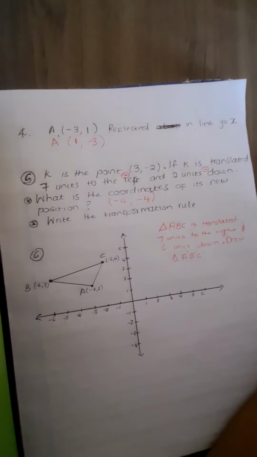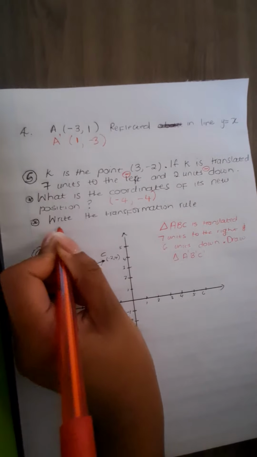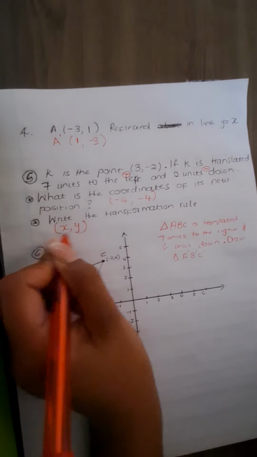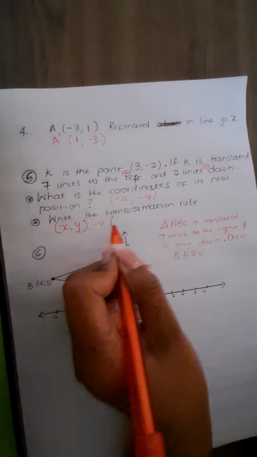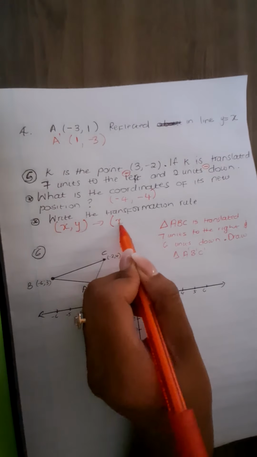And then the next bullet, they are telling you write the transformation rule. When they are asking you about the transformation rule, you will just indicate that your original image is xy. The rule in this case will be you write down x and then you indicate what should happen on the x values.